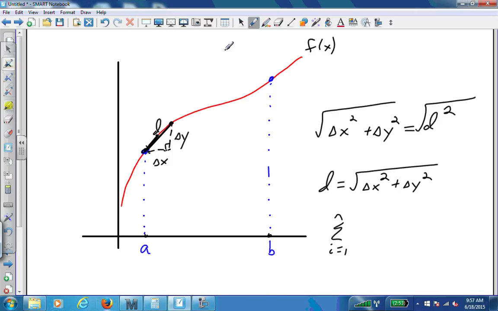Notice here, from here to here, our curve doesn't exactly follow the line, so the actual distance the curve travels is a little bit farther. And to get that more accurate, we let it get closer and closer. So we're letting our delta x go to 0, or you could say our number of intervals we're letting go to infinity.